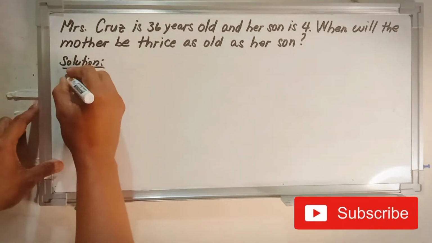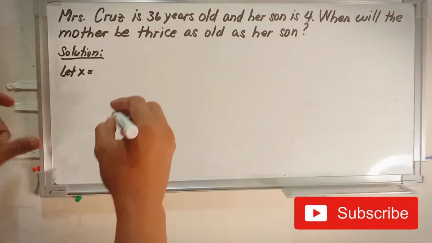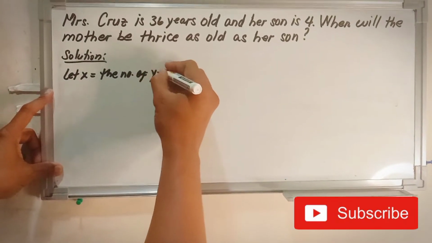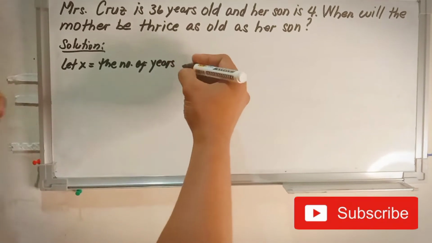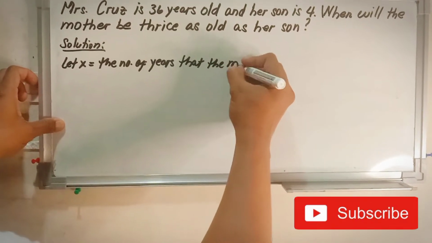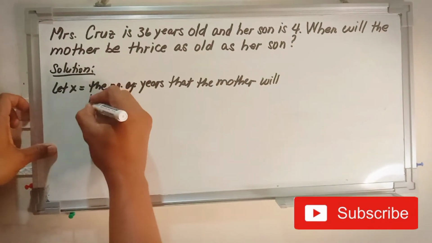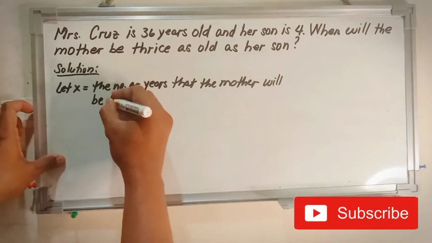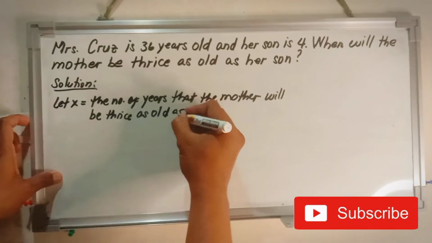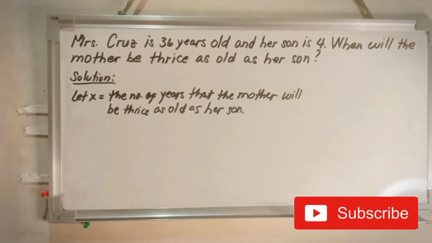Okay, so let x be equal to the number of years that the mother will be twice as old as her son. So this is our first condition.